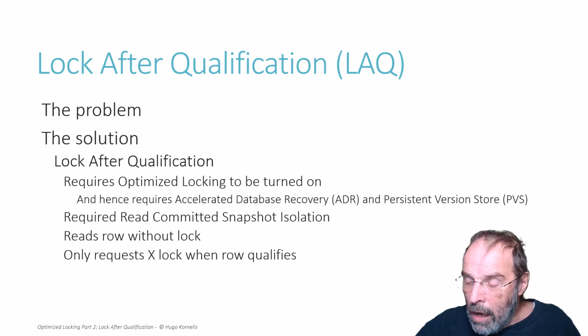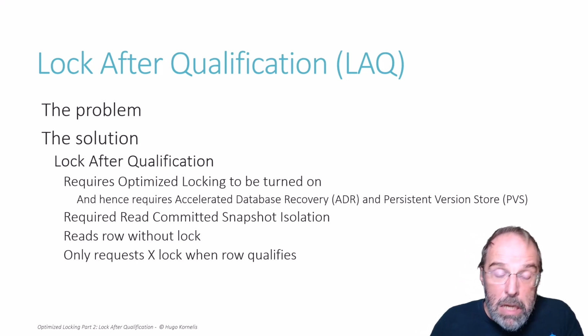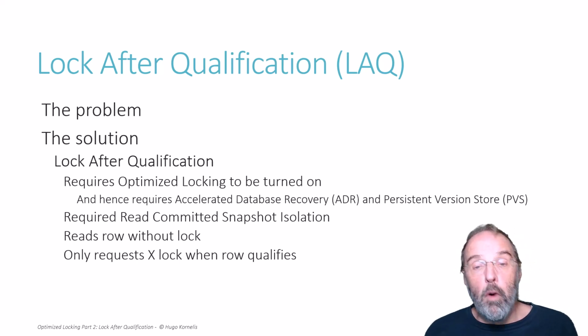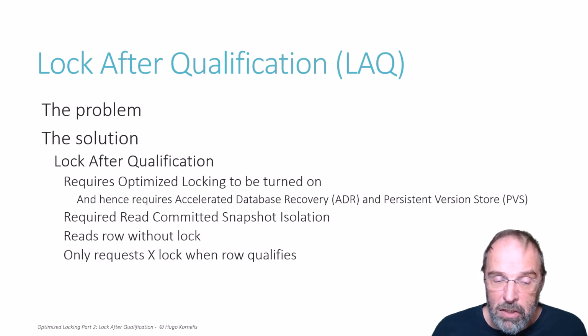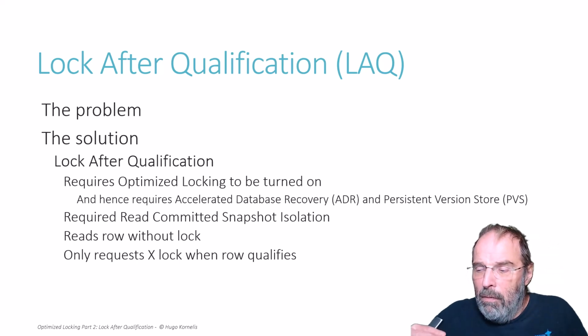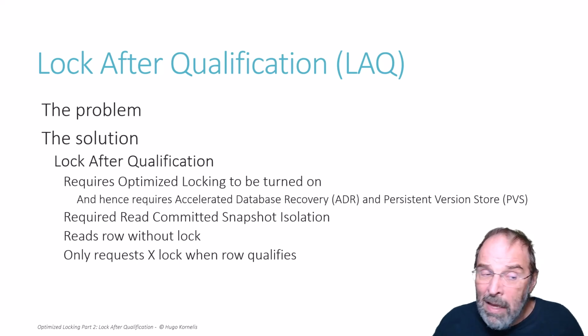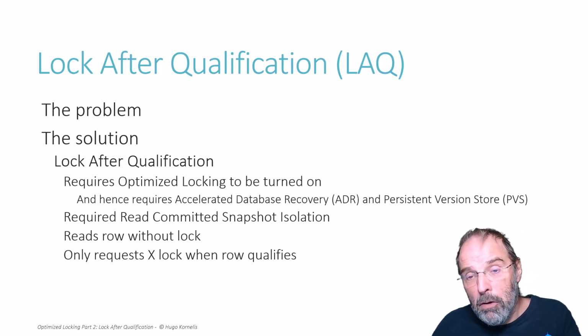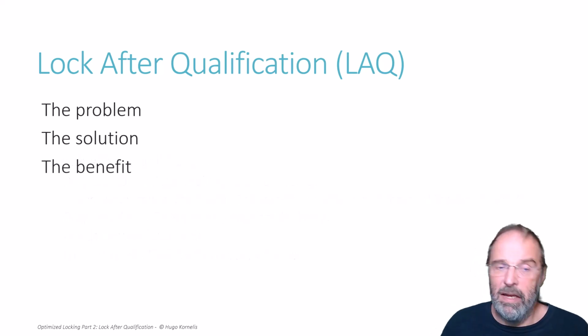So that is how this feature works, and you see that this helps performance in cases where, due to missing indexes, updates have to read past rows that don't qualify and then can get blocked by those rows. Those cases are now fixed by Lock After Qualification.